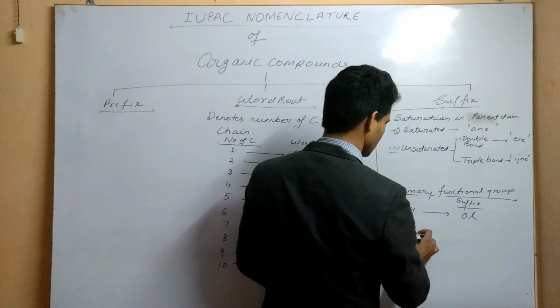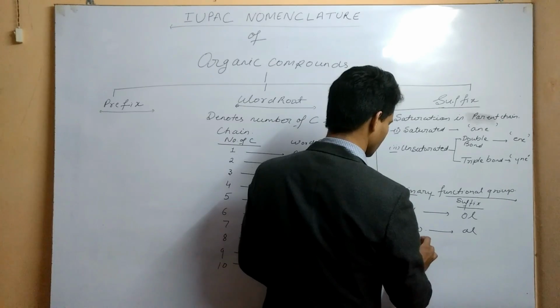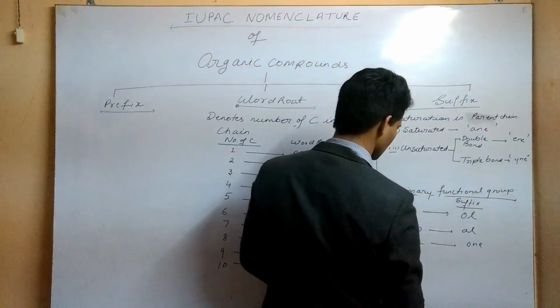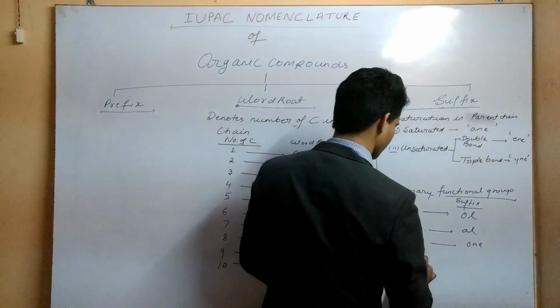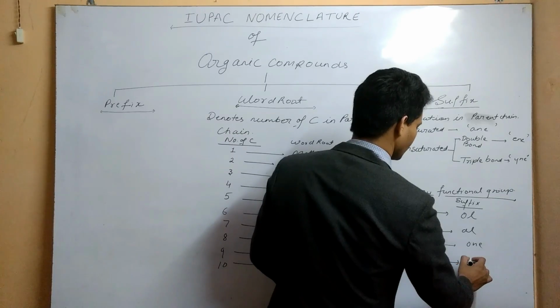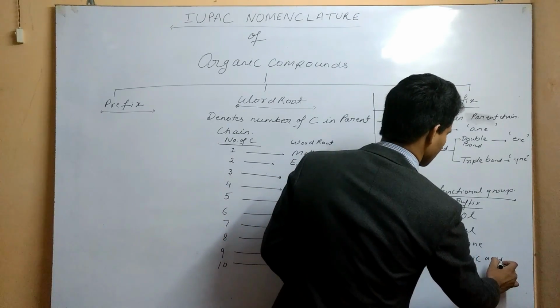If CHO is present, then the suffix is "al". If C double bond O is present, then the suffix is "one". If COOH is present, then the suffix is "oic acid".